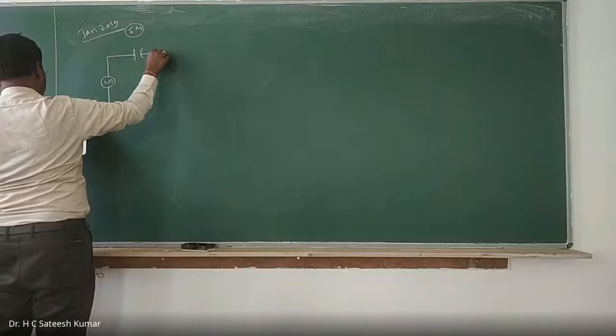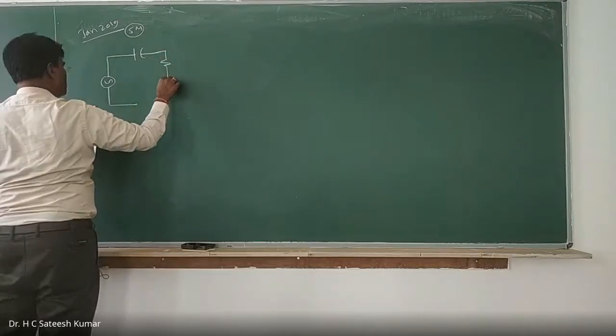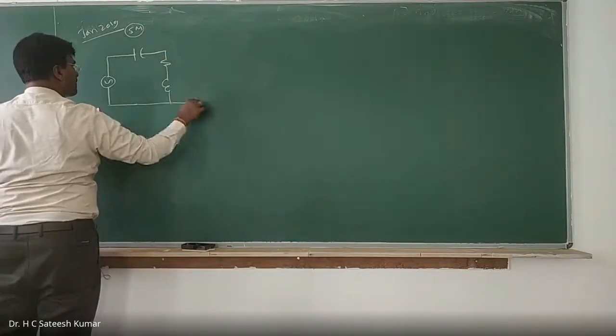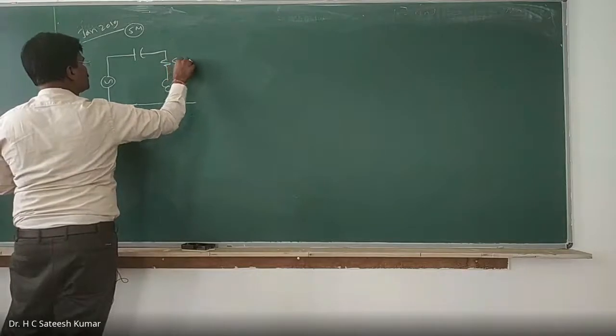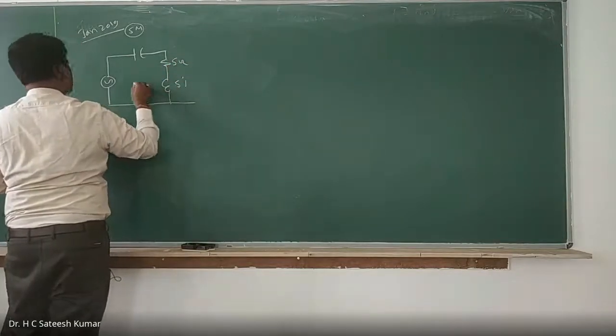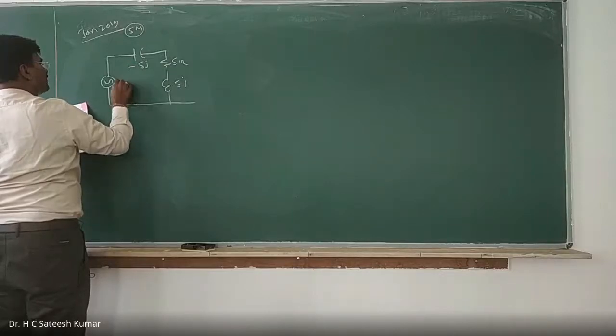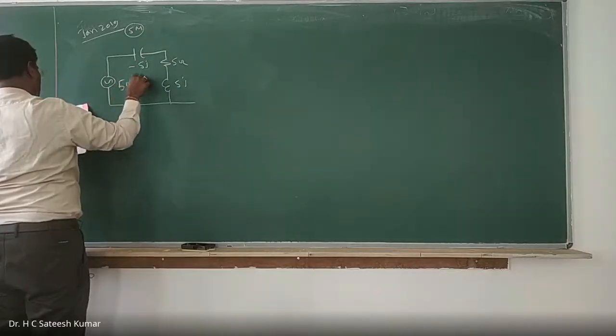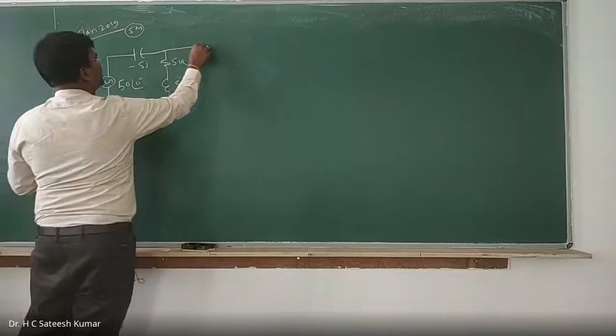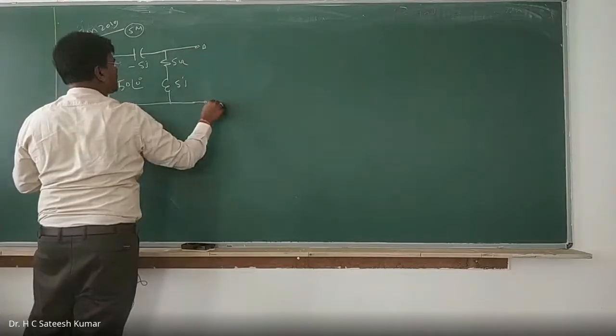Capacitor, resistor, inductor, 5 ohms, 5J, minus 5J, 50 at an angle of 0 degree, terminals A, B.